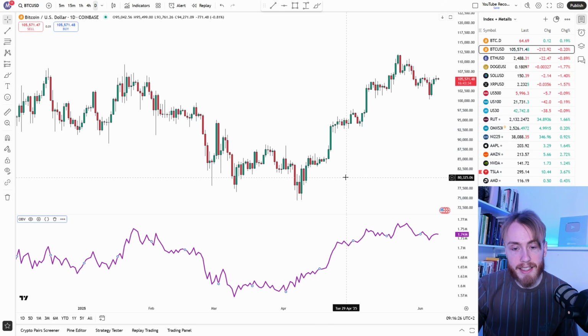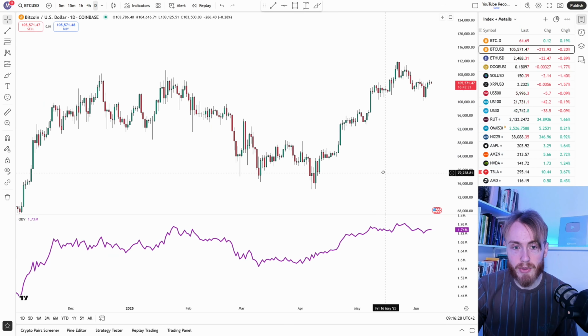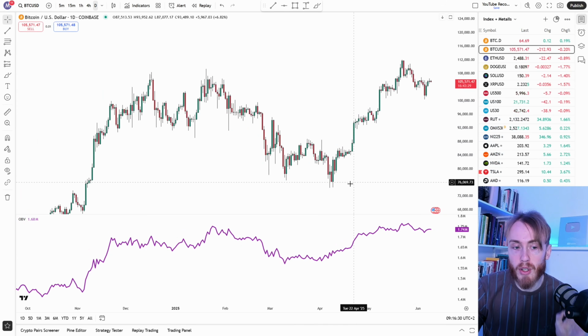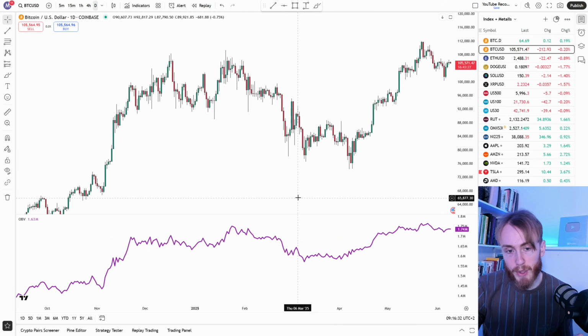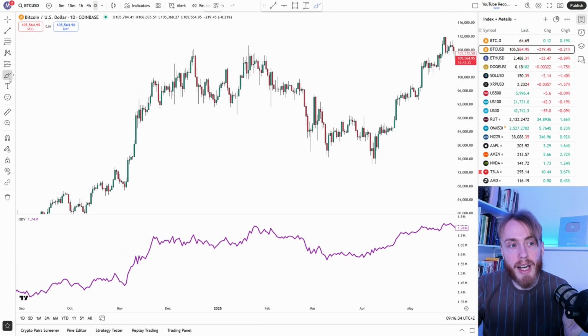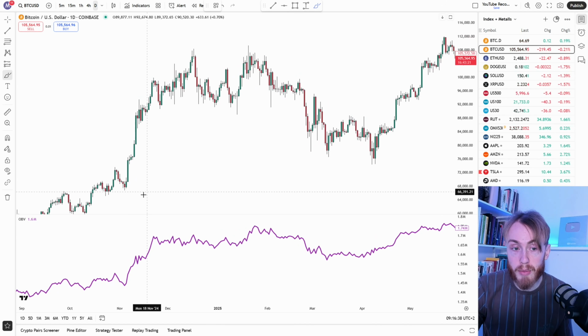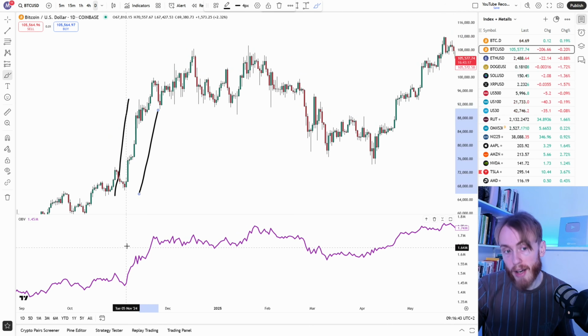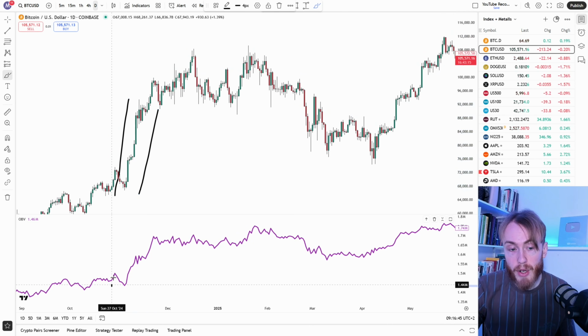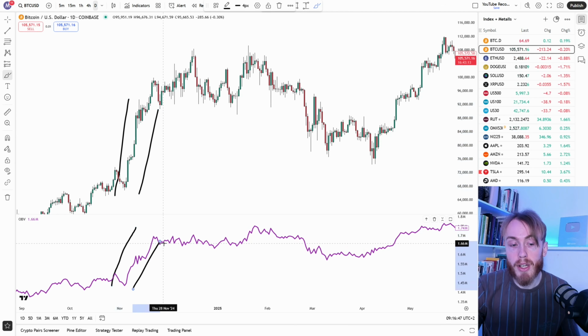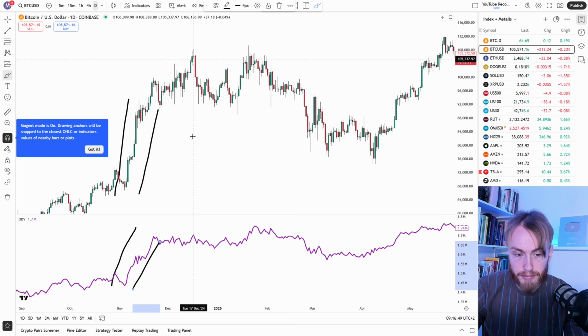But now let's take a look at the price action right here, because remember what we talked about earlier. First of all, as I said, when we have a move towards the upside, we preferably want the on-balance volume to go in the same direction. For example, right here for Bitcoin, we saw a very strong move towards the upside, and we also saw the on-balance volume going in the same direction.